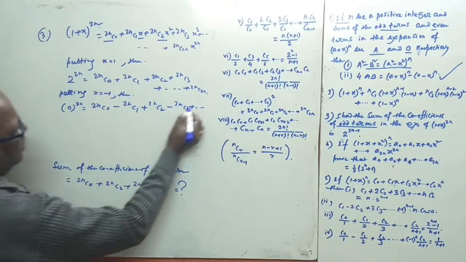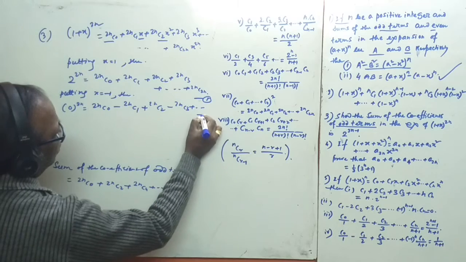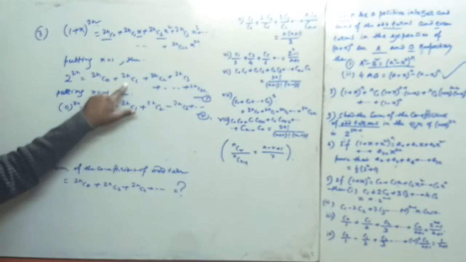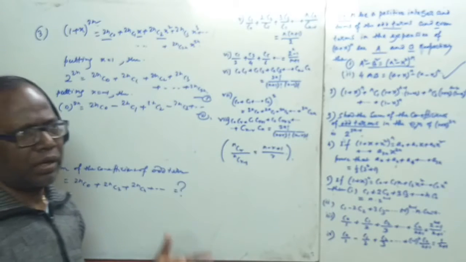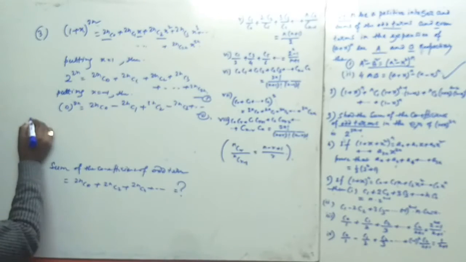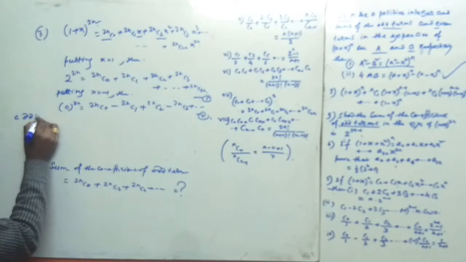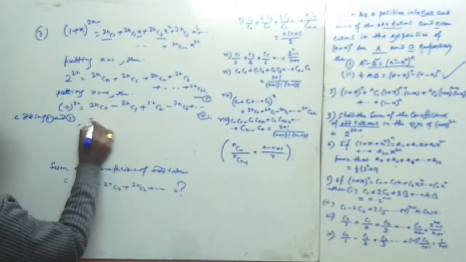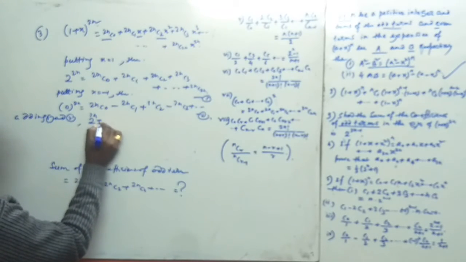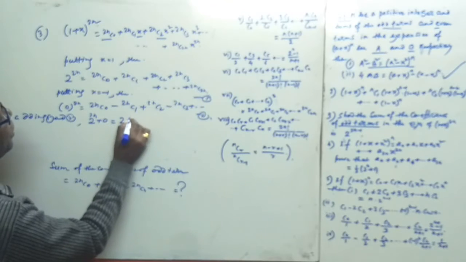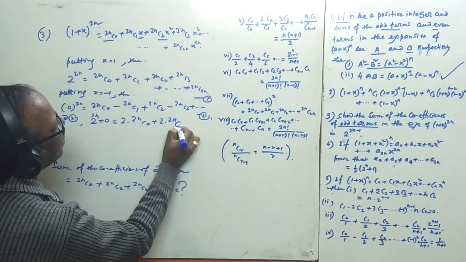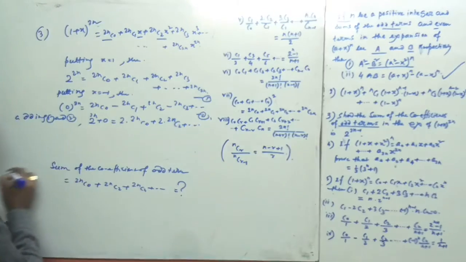This is 1 and this is 2. If we add these two, then the second and fourth terms are cancelled out. So adding 1 and 2, that is equal to 2 to the power 2n plus 0, equals 2 into 2nC0, 2 into 2nC2, like that.